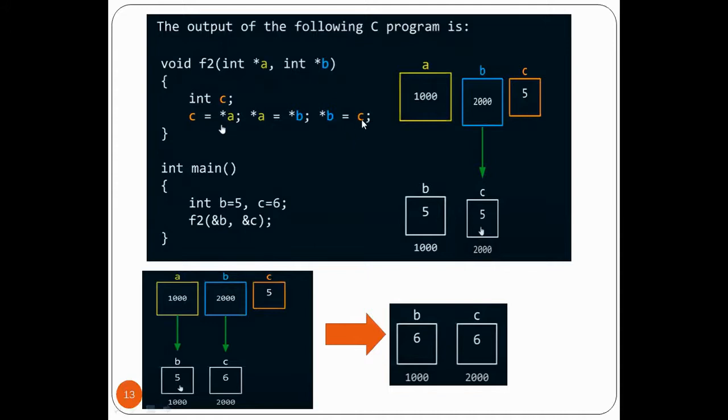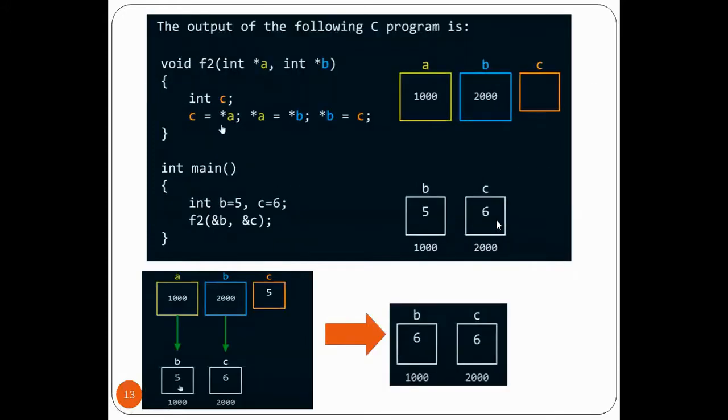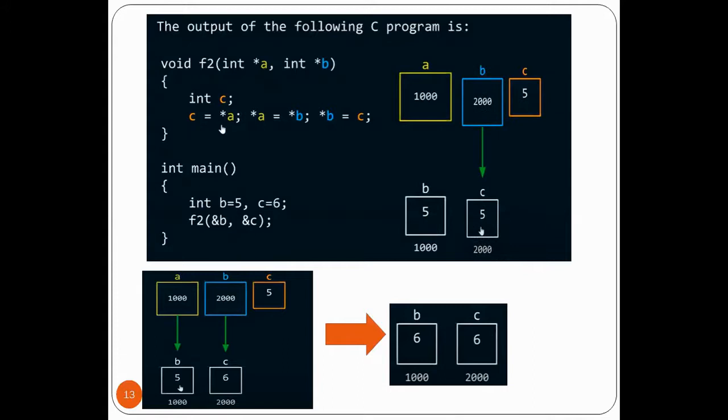So what happened when C is equal to pointer B? The 5 value will be copied to B now. Now B will have 5 and C is 6 and B is 5.